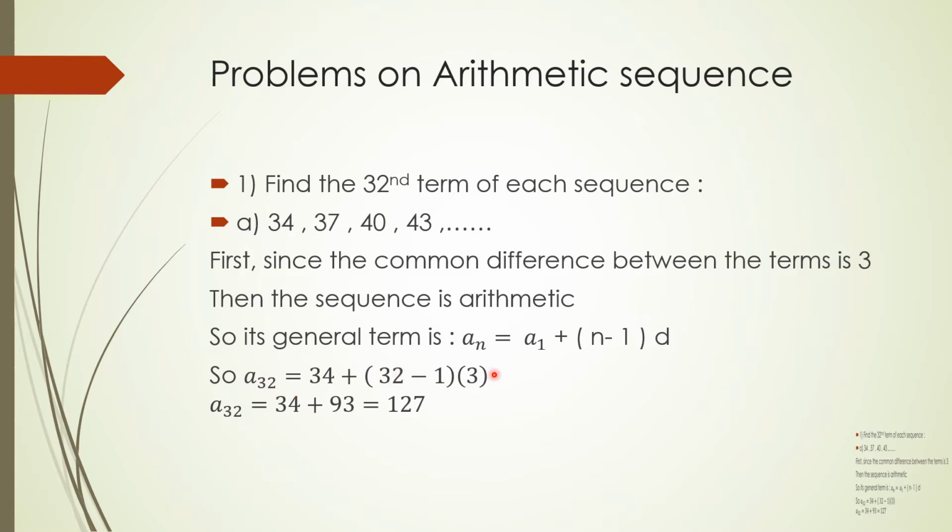So a_32 equals a_1, the value of a_1 as given in the sequence is 34, plus (32 minus 1) times the common difference, which is 3. Then the 32nd term of this sequence will be 127.